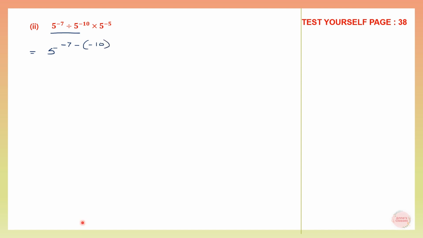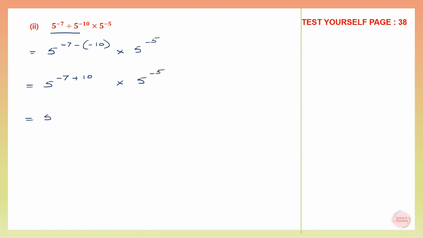Since this is division and the base is the same, we can subtract the powers. So I did minus 7 minus 10 and the rest remains the same, into 5 to the power of minus 5. So this becomes 5 to the power of minus 7, and here minus into minus is plus. So that is plus 10 into 5 to the power of minus 5.